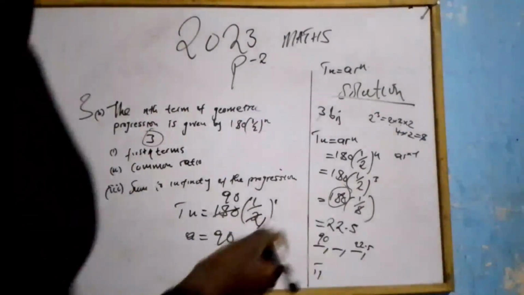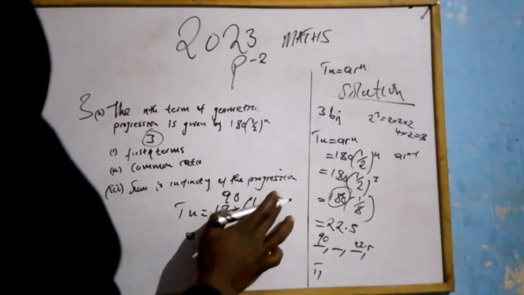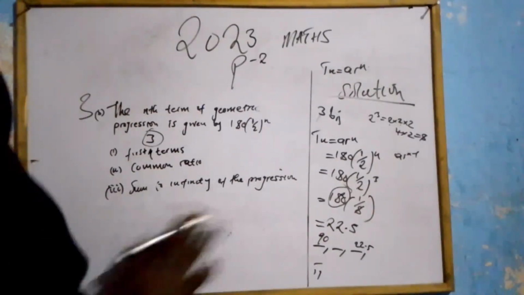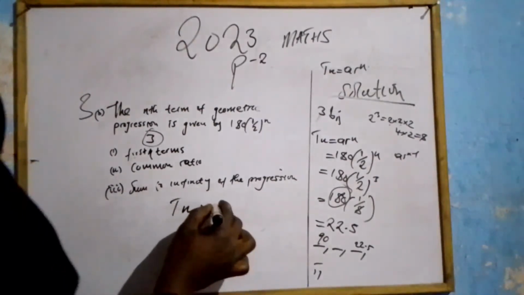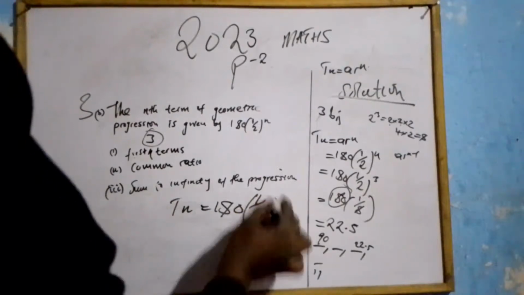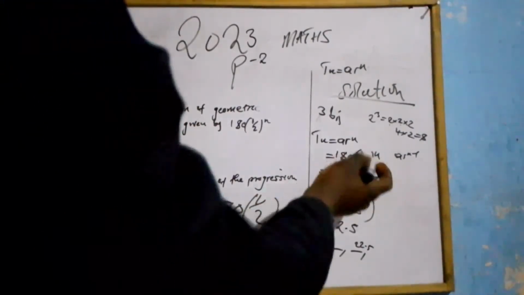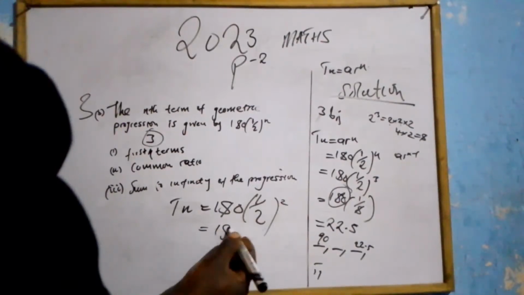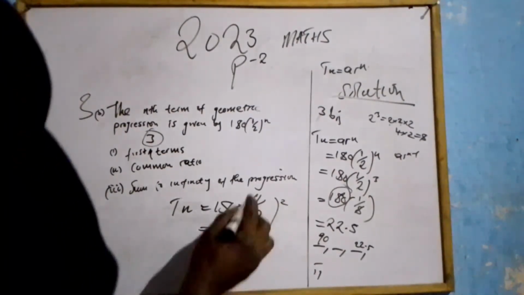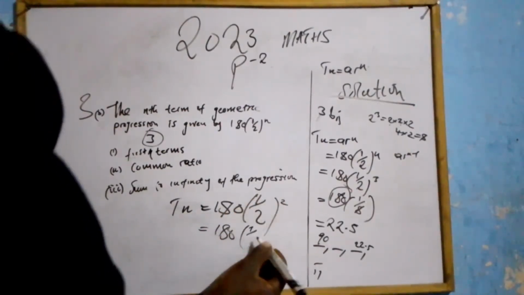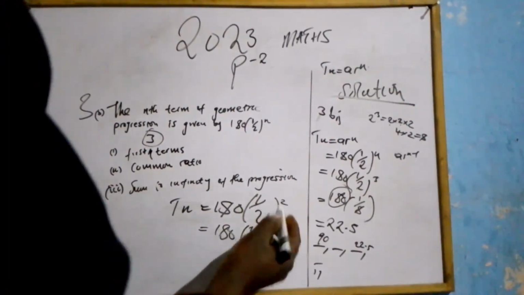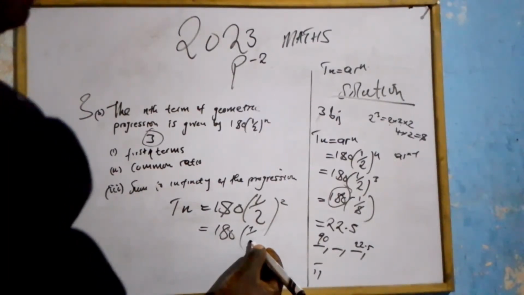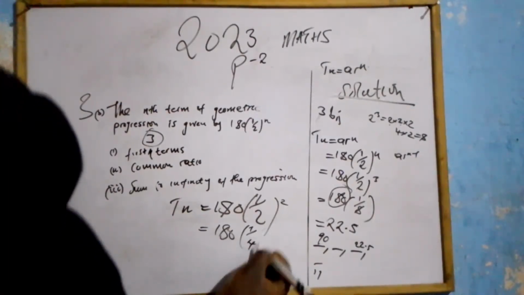We can find the second term also by plugging in n equals 2. Tn equals 180 open bracket 1 over 2 power n, where this power n you substitute with 2, because we are at term 2 here. So 1 power 2 is 1, then 2 power 2 is 4.